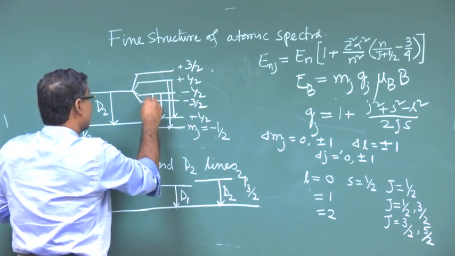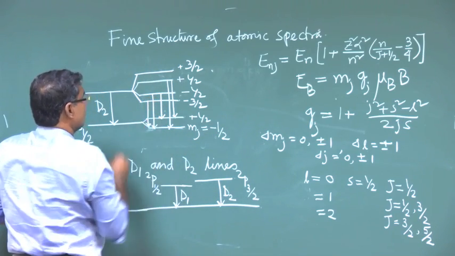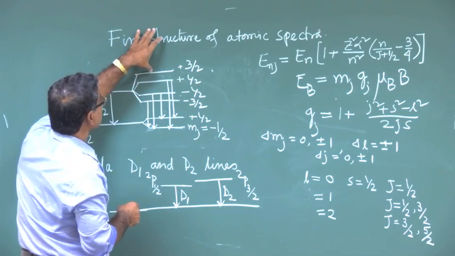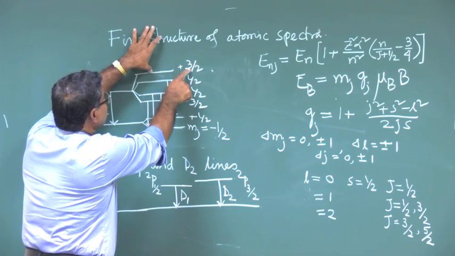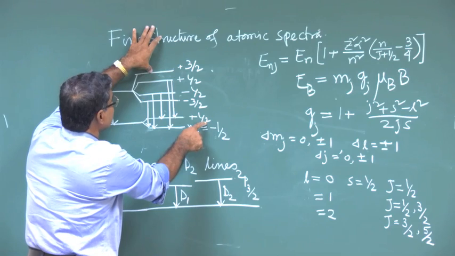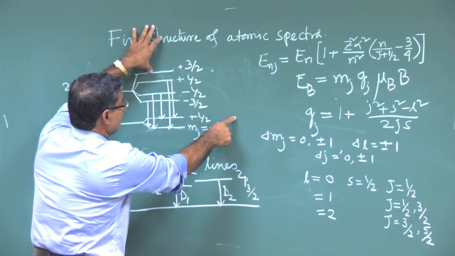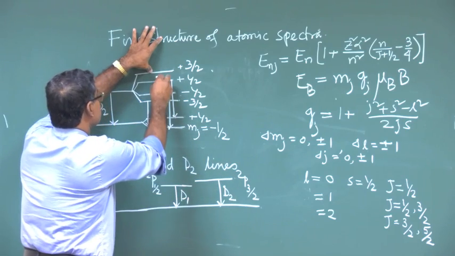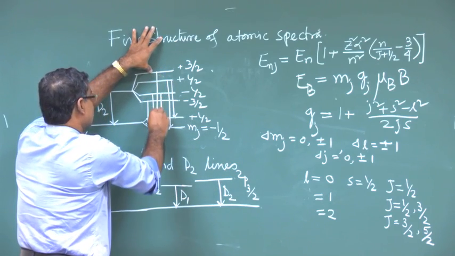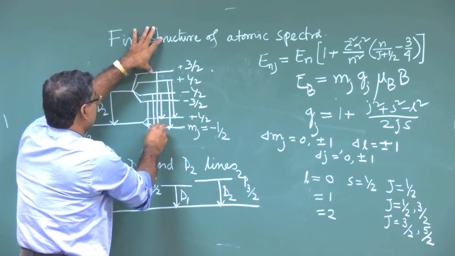So, this will be allowed, this will be allowed, and from this level plus 3 by 2 to minus 3 by 2, this is allowed because minus 3 by 2. So, it will be minus 1 del mj. So, this is also allowed, this is also allowed, okay.